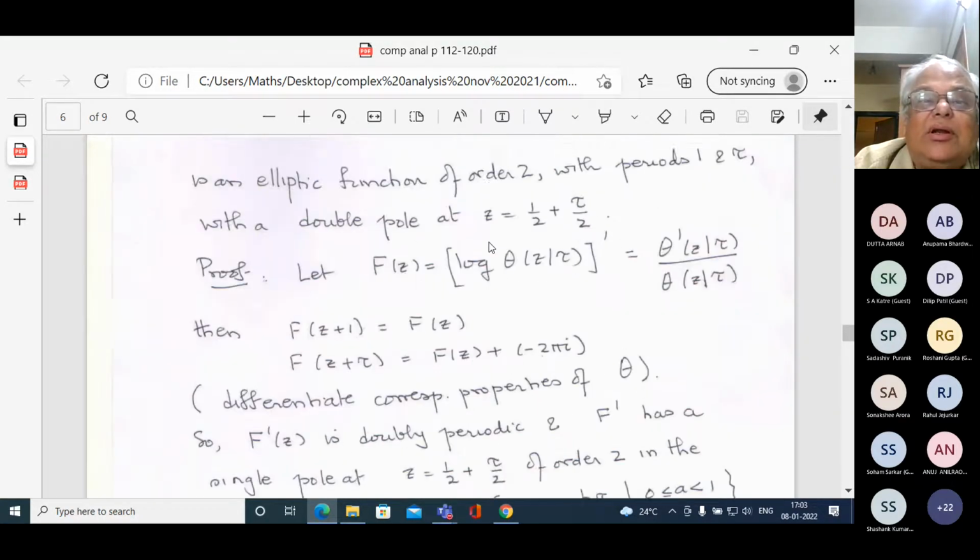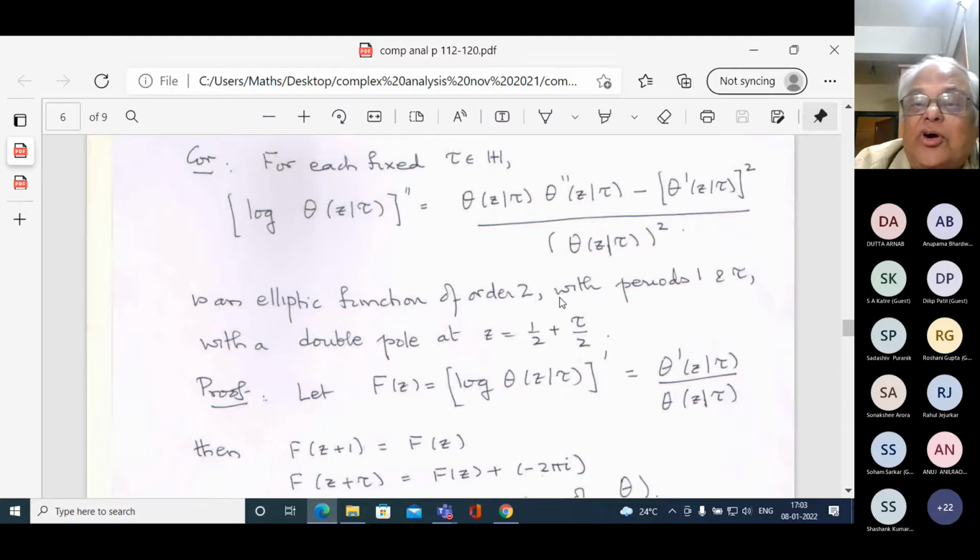What do you have? This is an elliptic function of order 2 with these periods and a double pole at this point. This is what I wanted to say. We know one example, which is the Weierstrass P function.